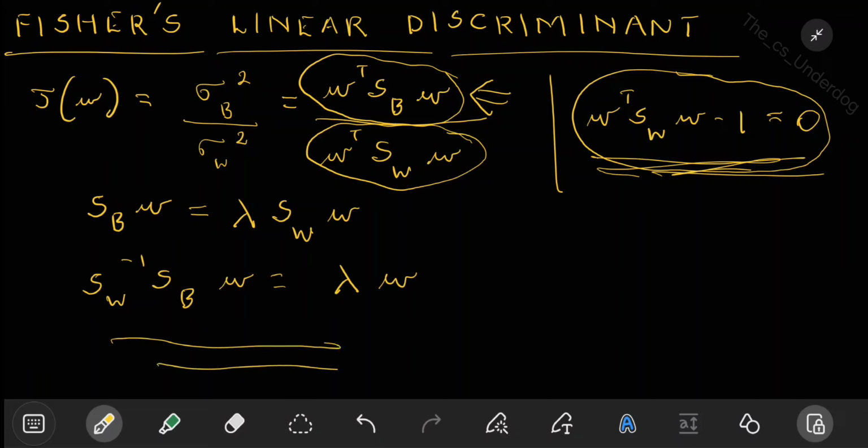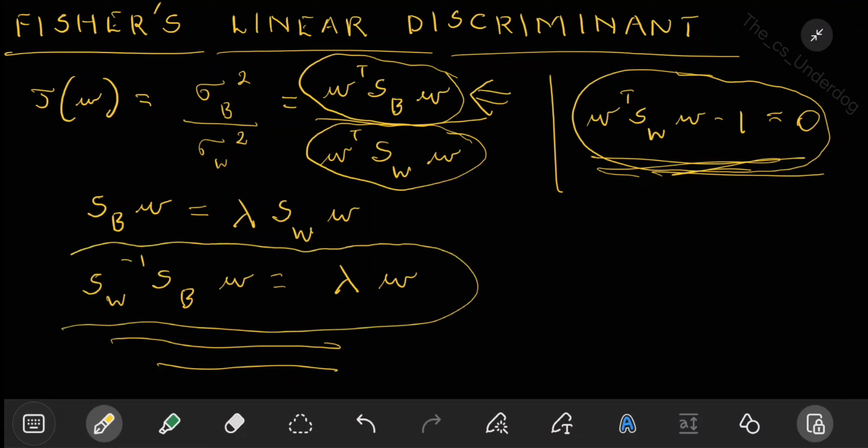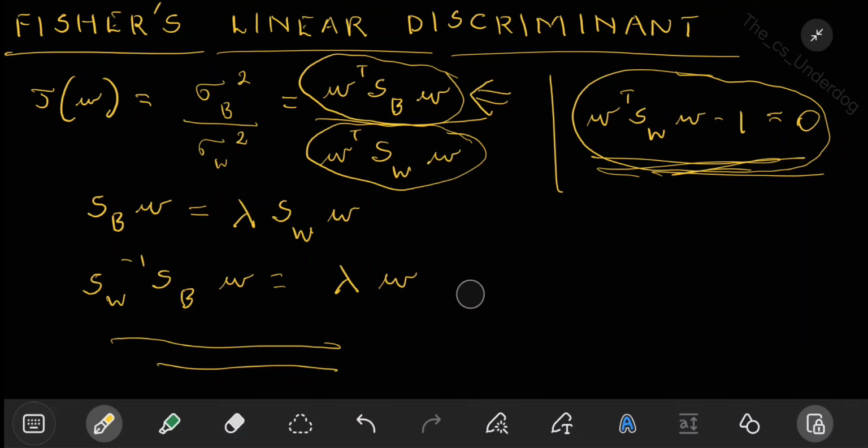Now look at this equation very clearly. You will recall something from the last lecture. What did we learn? We learned about eigenvalues and eigenvectors. Connecting to that, try to think about this.